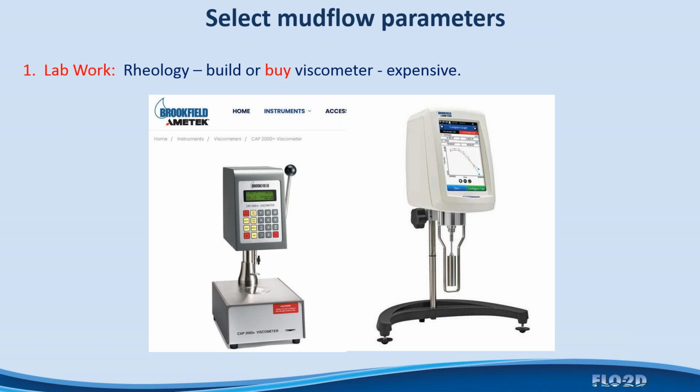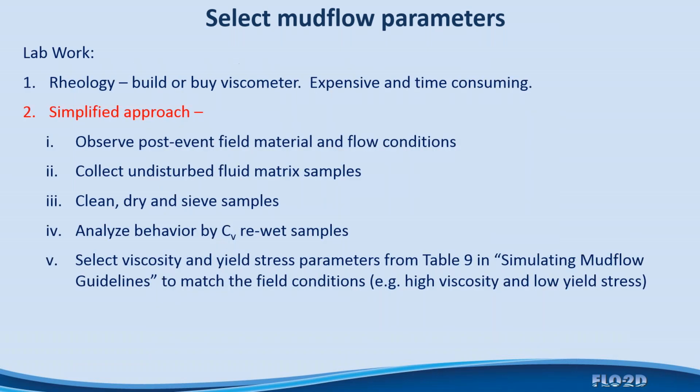If your flood event's coming down at 15 feet per second and it's 6 feet deep, you're going to be something on the order of maybe 5 or 6 to 10 inverse seconds. So that's very important. You want to make sure you get an actual viscosity measurement and not just slippage. So if you see some data that's published with rotational speeds on the order of 1,000 RPMs or something like that, you can toss it.